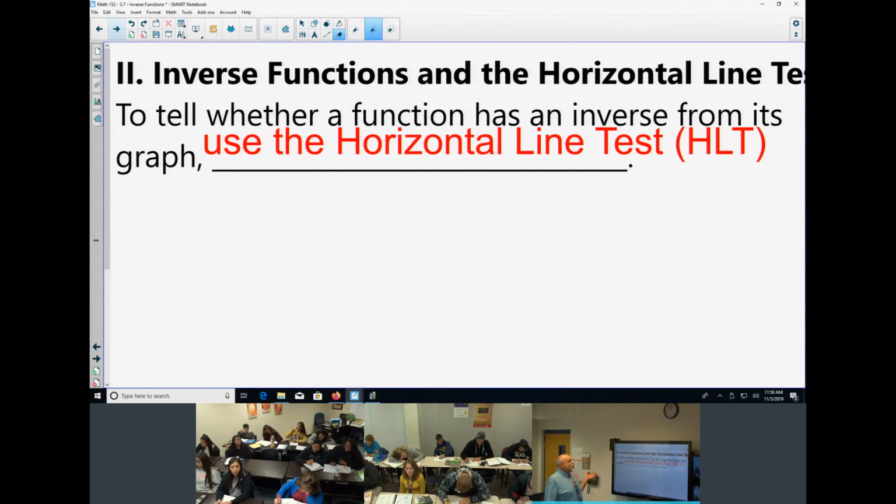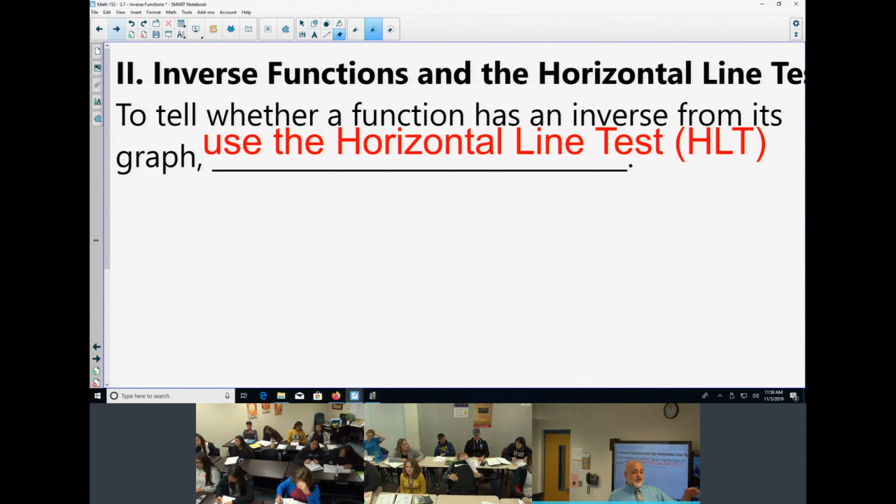So before you even graph it, to tell whether a function has an inverse that's also a function, you use the horizontal line test on the original function. You do the vertical line test to see if your graph is a function, and the horizontal line test to see if its inverse is a function.